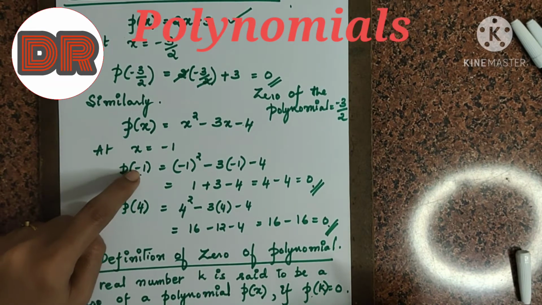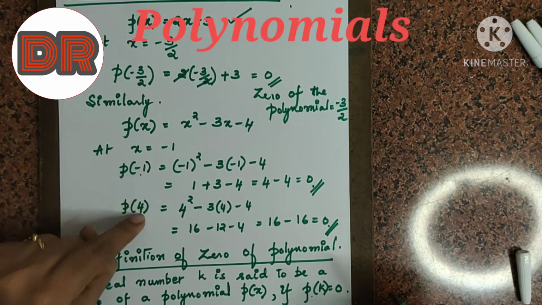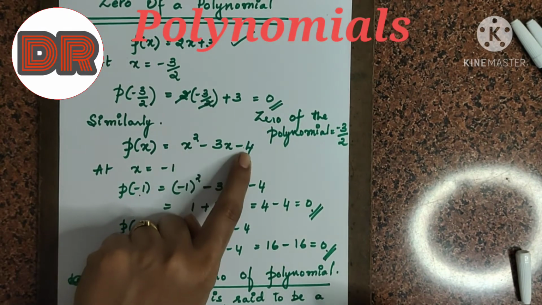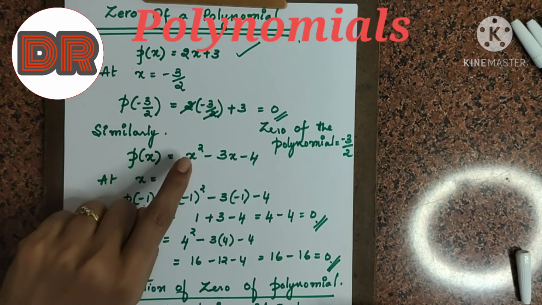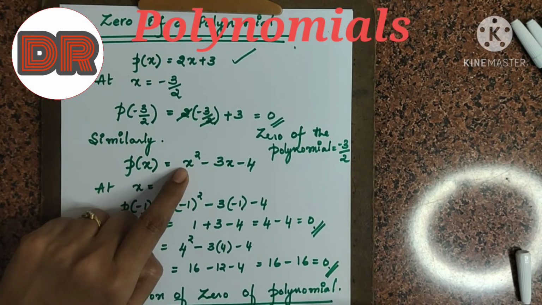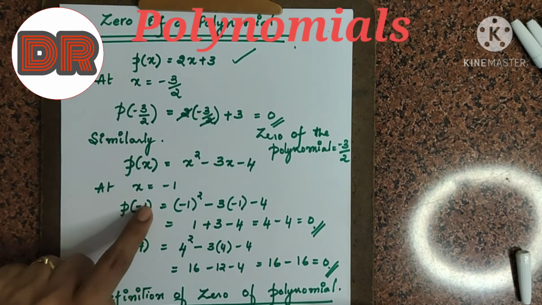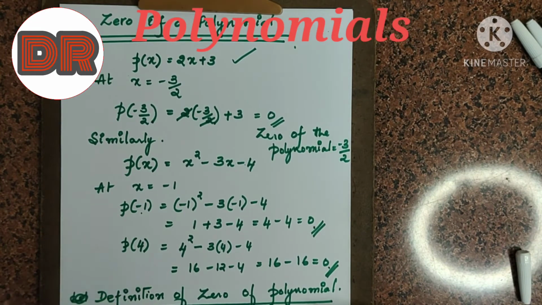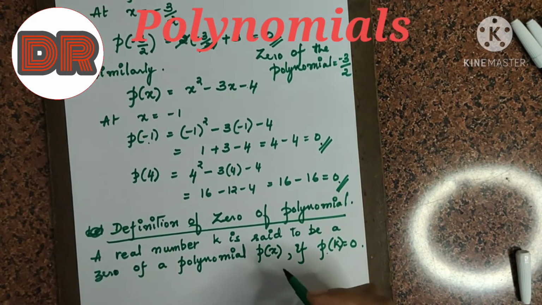So minus 1 and 4 are the zeros of the polynomial x square minus 3x minus 4. Since it is a quadratic polynomial, we have two values, minus 1 and 4, which are zeros of this particular equation.